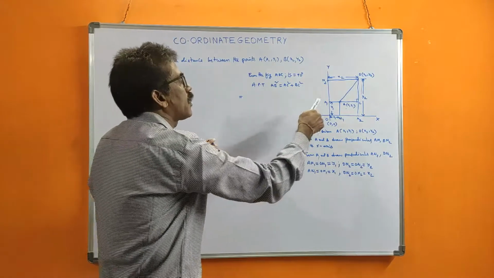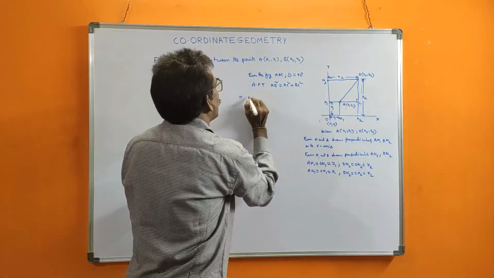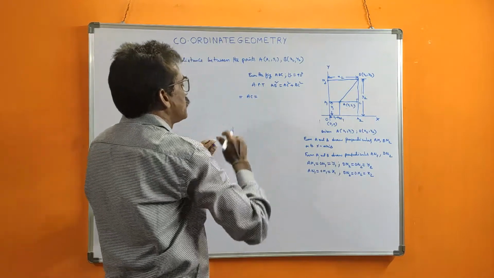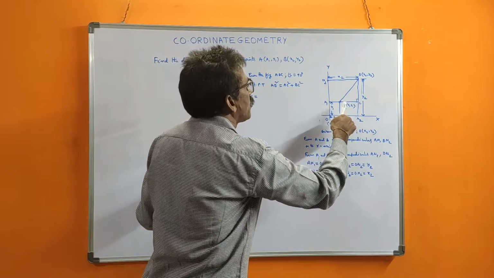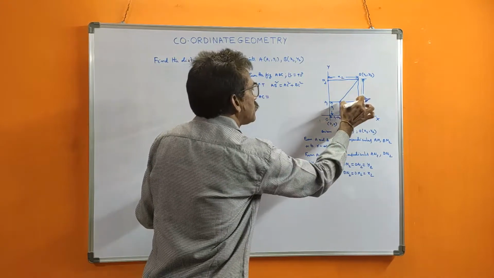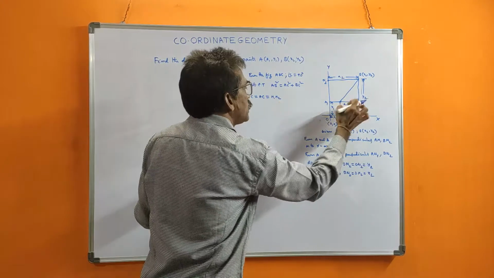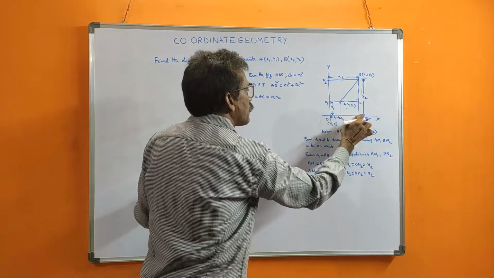Now what do we want? We want this AB length. Now individually, write for AC. AC is equal to M1M2, which is parallel.